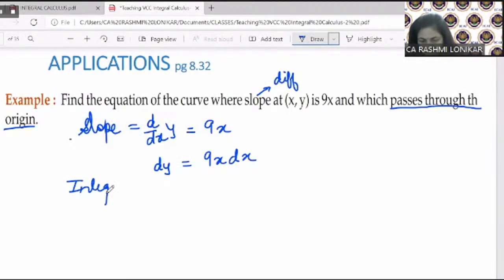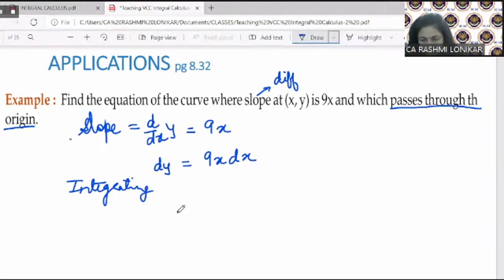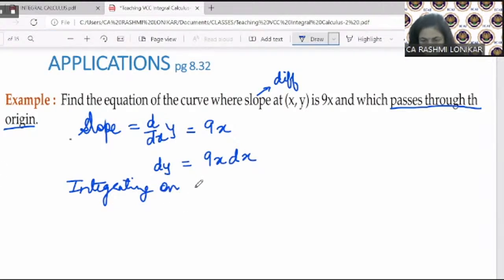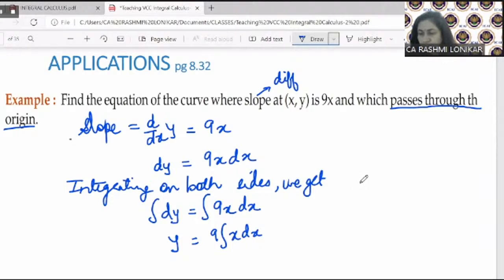Okay. Dy is equal to 9x dx. Integrating on both sides, we get integral dy is equal to integral 9x dx. Integration of dy will be y. What will this be? This will be 9 integral x dx. What is integration? Which formula will be used?